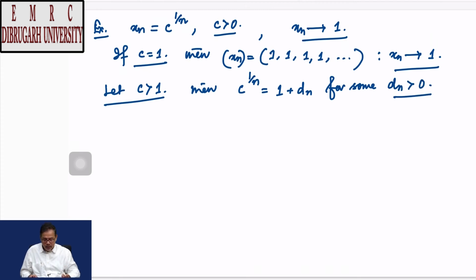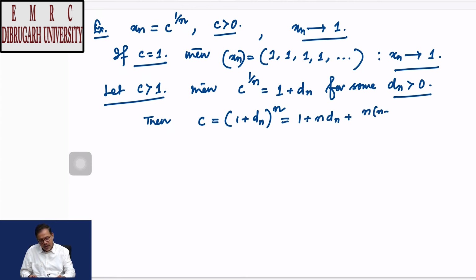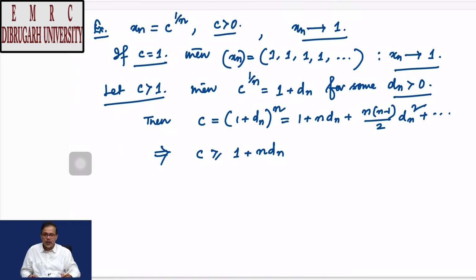We can take c to the power 1 by n in this form, and then c equal to (1 plus dn) to the power n, and this we can expand as 1 plus n into dn plus n into (n minus 1) by 2 dn square, and so on and so forth. But this will further imply that c is greater than or equal to 1 plus n into dn. This is Bernoulli's inequality for all n in the set of natural numbers.